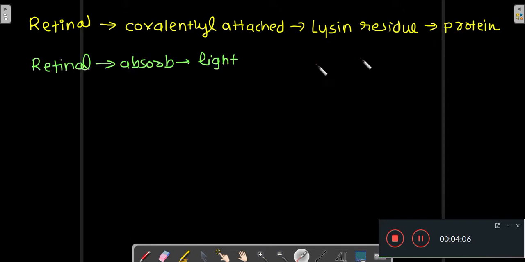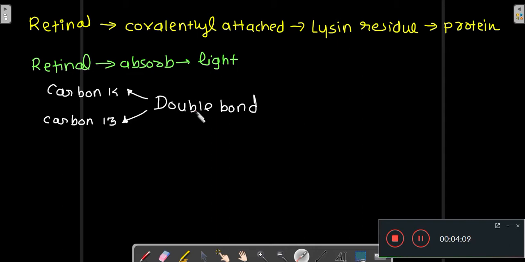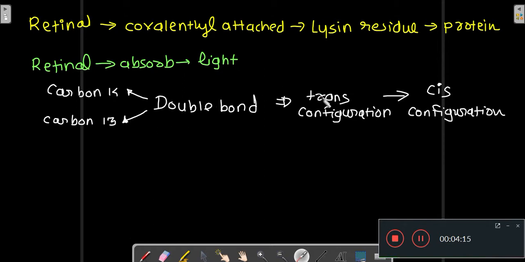When retinal absorbs light, the double bond between carbon 14 and carbon 13 changes from the trans configuration to the cis configuration, and this causes the Schiff base to lose a proton.